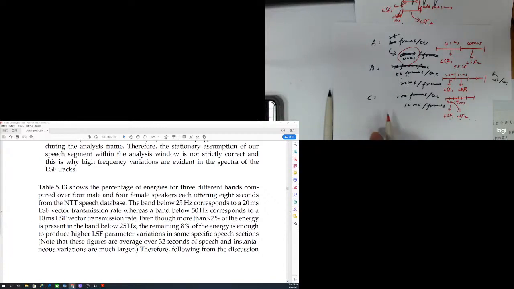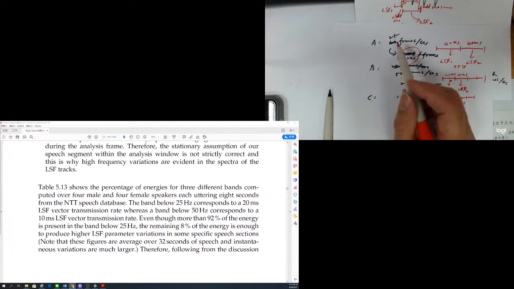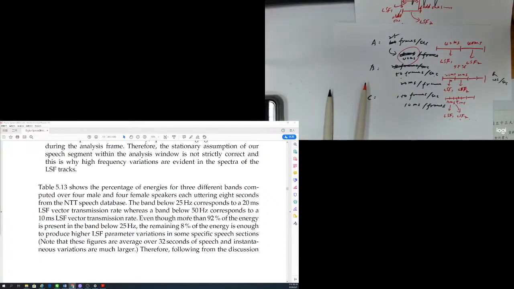I forgot that it is double: your sampling frequency is 2 times the original data. So 50 hertz corresponds to 10 milliseconds. You can see around 92% of energy is below 25 hertz, and the remaining 8% of energy becomes the line spectrum parameter.